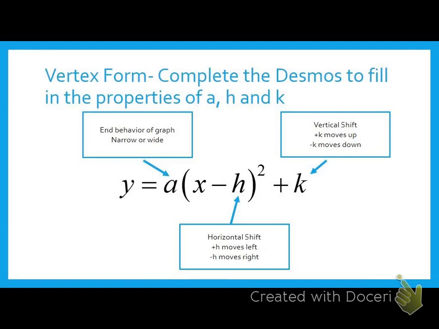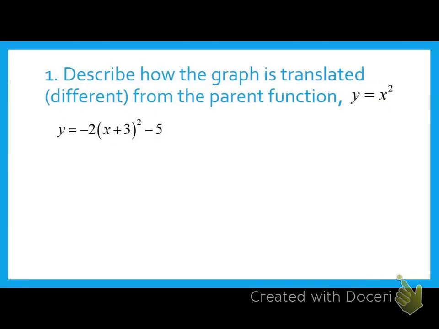All right? So, let's start talking about how things are going to be different from this parent function. The parent function is y equals x squared. And so the question is, this new guy, how is it going to be different than the parent function shown here, y equals x squared?